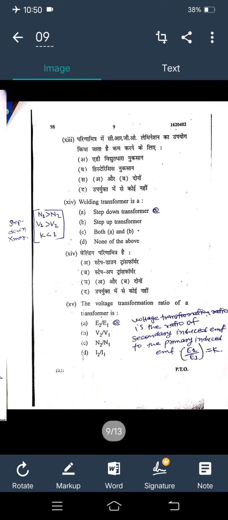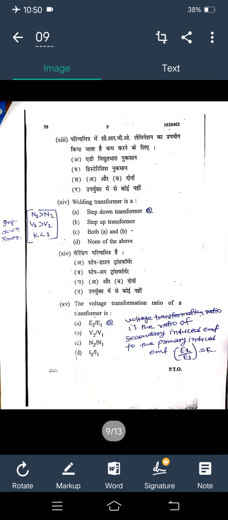Question number 14. Welding transformer is a step down transformer. It is also a repeated question. Here, for a step down condition, the number of primary turns is greater than the number of secondary turns, and the voltage of primary side will be greater than secondary side.